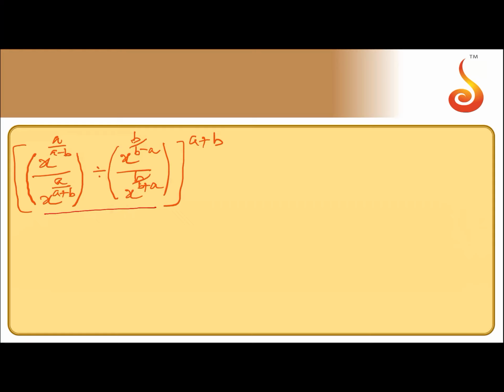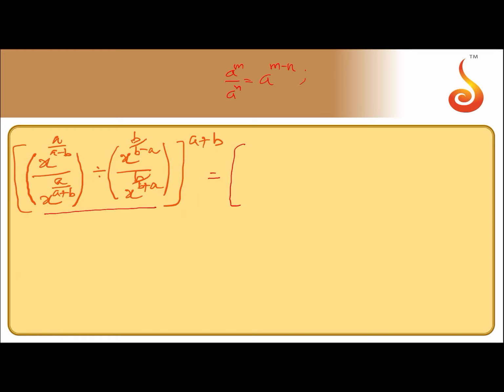So, this can be written as the first term. Keep in mind that a to the power of m divided by a to the power of n can be written as a to the power of m minus n.